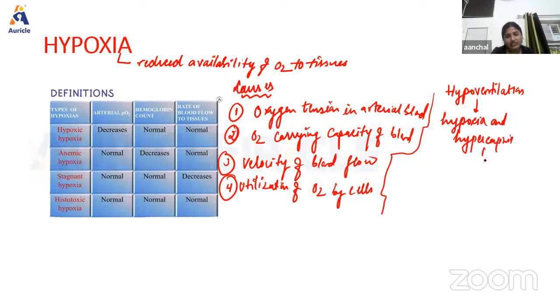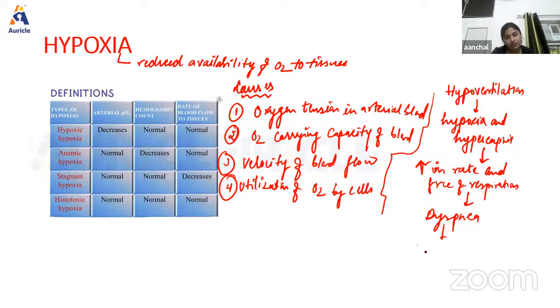And if these conditions are there, they will lead to an increase in rate and force of respiration, which can also lead to dyspnea. Dyspnea means difficulty in breathing, and it will lead to conditions like lethargy, and the patient can also go into coma, which can lead to death. Okay, so this is all about the effects of hyperventilation that can occur.